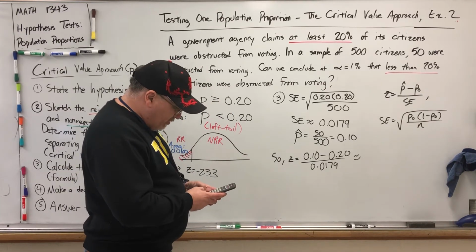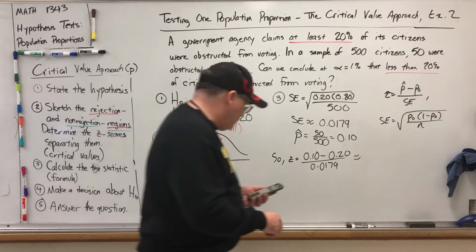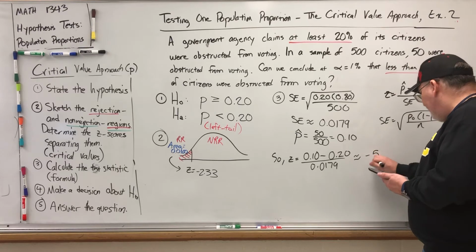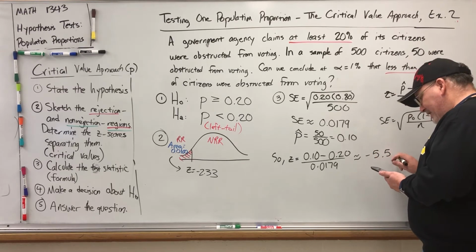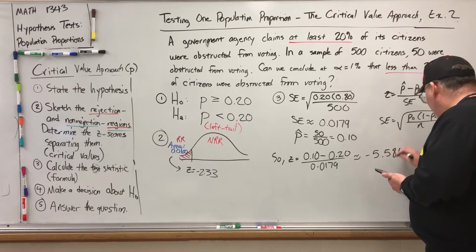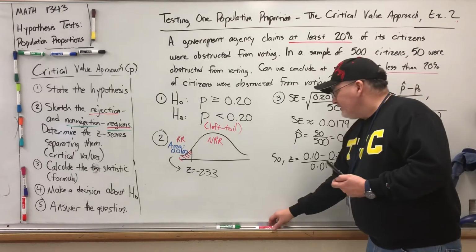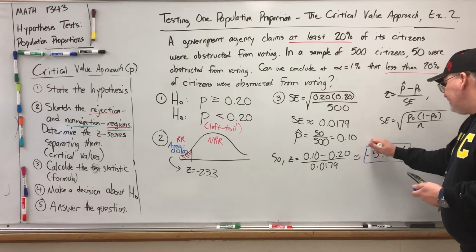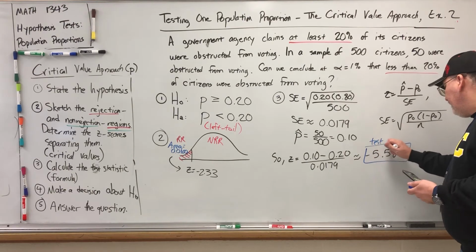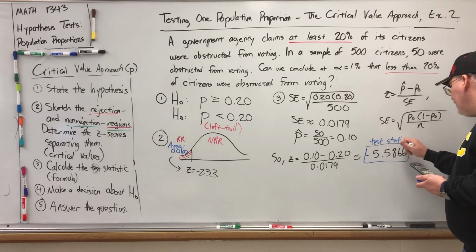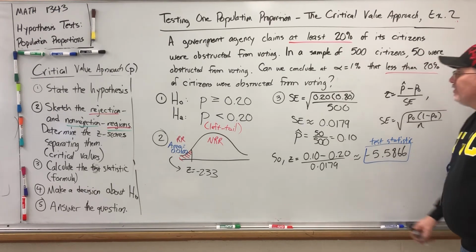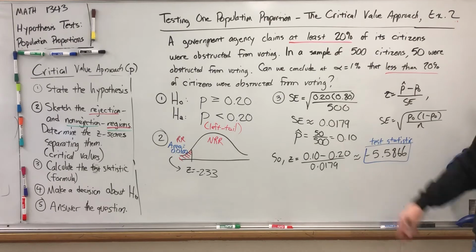Divided by 0.0179, and to 4 decimal places, I get a test statistic of negative 5.5866. Let's put a box around that. This is our test statistic. And step 3 is done. We've now converted our sample to something comparable to our critical value.